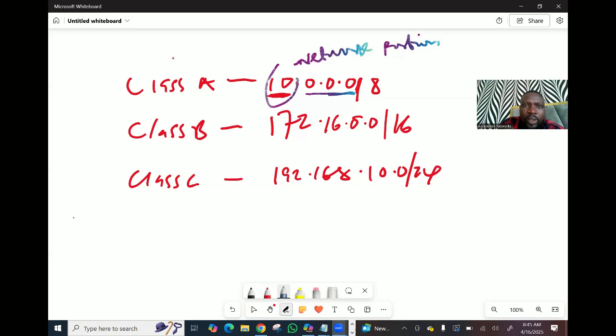In class A, only the first octet is used for the network portion. That means for you to recognize a network that is in the same network as this, the first octet must start with 10, while the remaining 3 octets are for hosts.